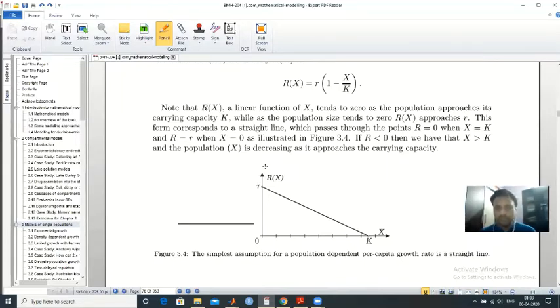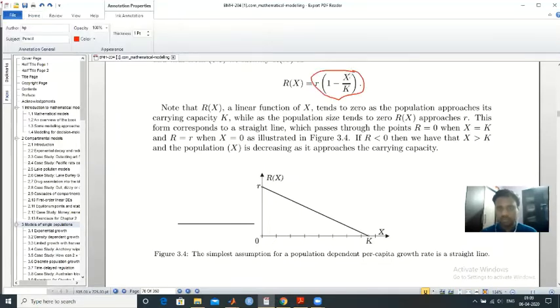If x is equal to K, if you put x equal to K in this equation, then what will be the scenario? This will become 1, so 1 minus 1 is 0, so Rx will become 0. At this point Rx is 0.